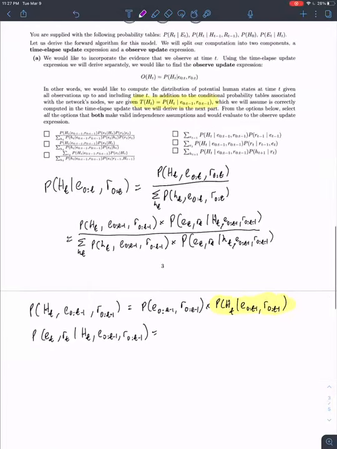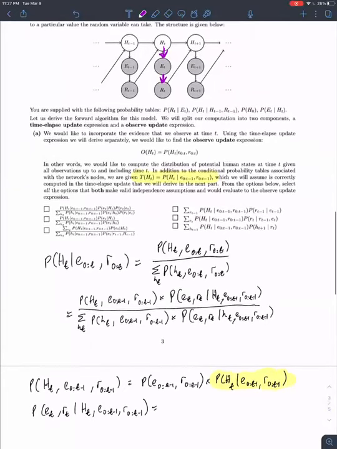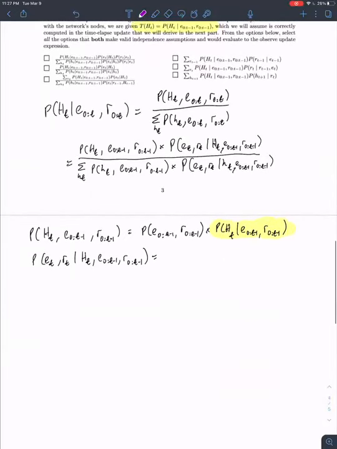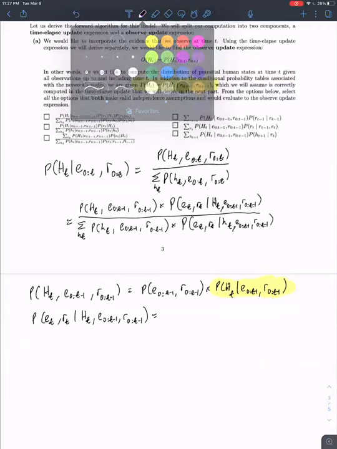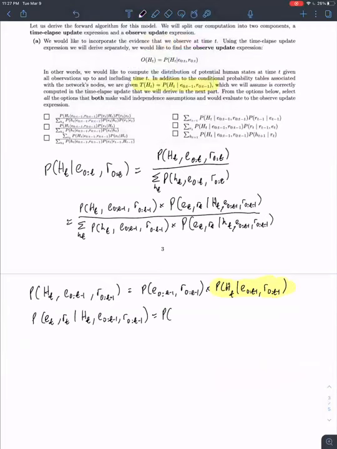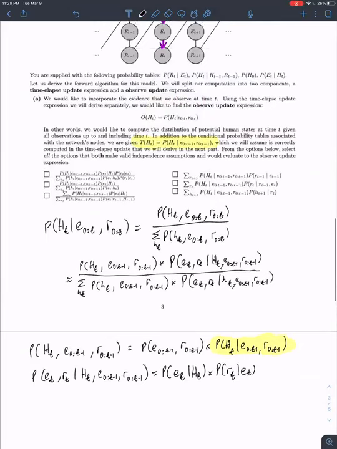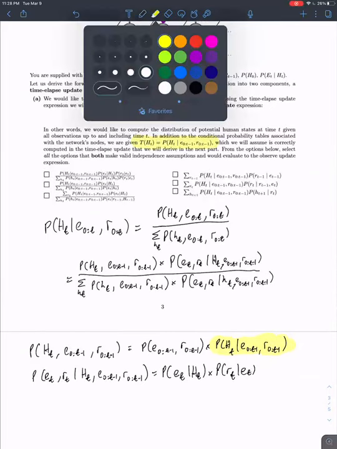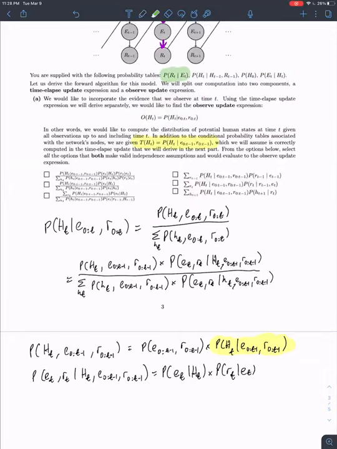So what this is equal to is just the probability of ET given capital HT, times the probability of little RT given ET. And this is good because the probability of RT given ET is something that we have, and the probability of ET given HT is also something we have.